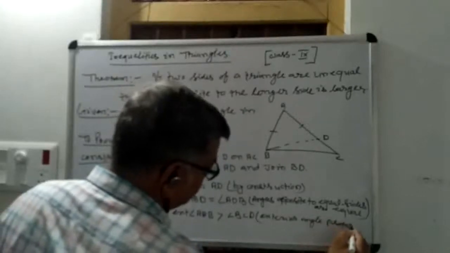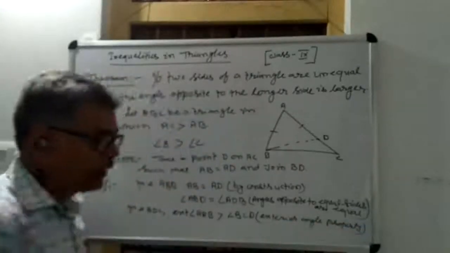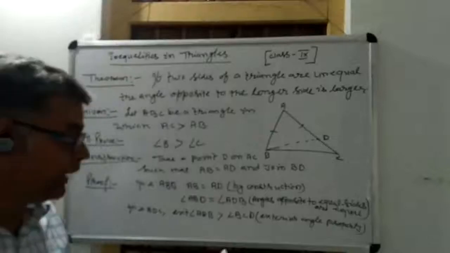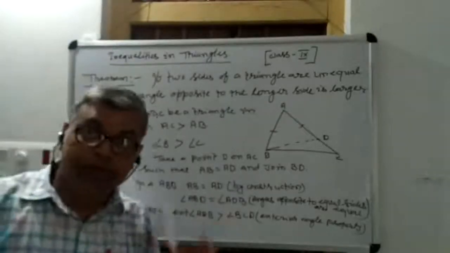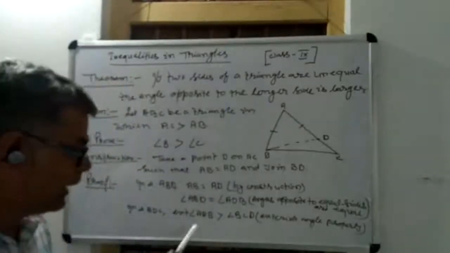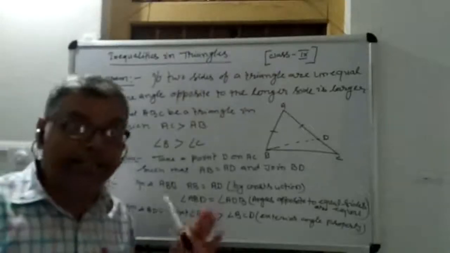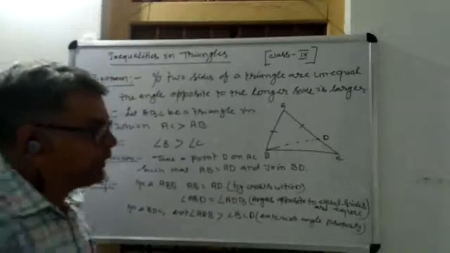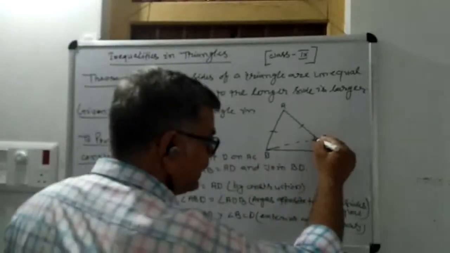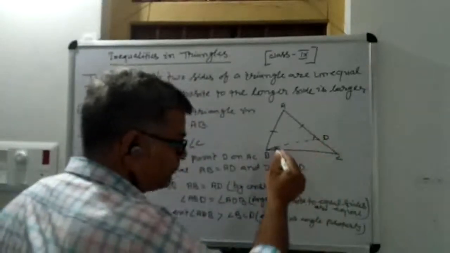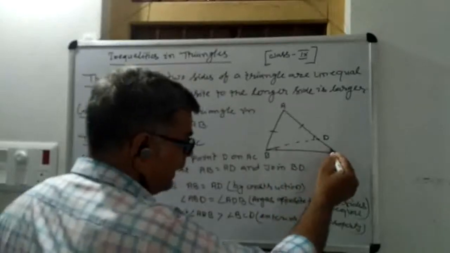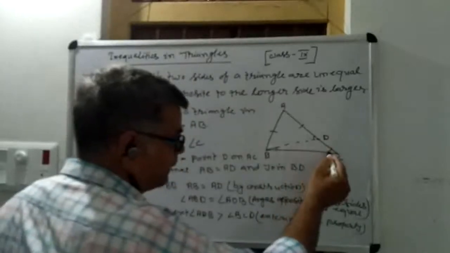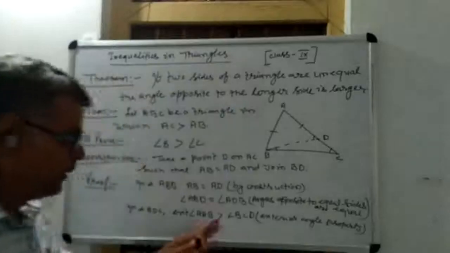Because you know that the exterior angle of a triangle is equal to the sum of two opposite interior angles. It means that it must be greater than any one opposite interior angle. So that's why this angle ADB is equal to this plus this angle. It means that this angle will be much greater than this angle.